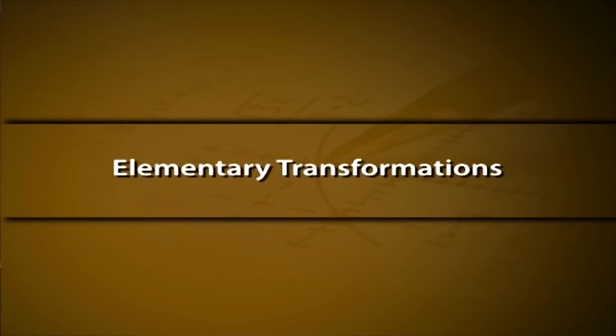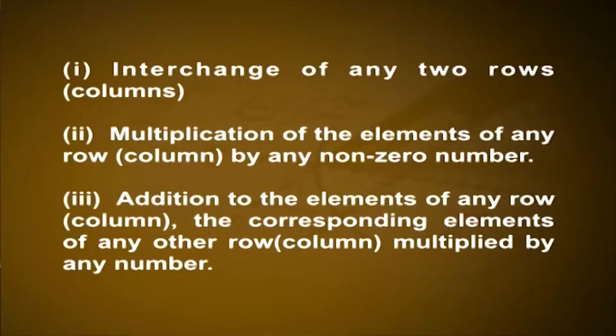Elementary transformations. Definition: elementary transformation. An elementary transformation on a matrix is an operation of any one of the following types. First one, interchange of any two rows or columns. Second one, multiplication of the elements of any row or column by any non-zero number.